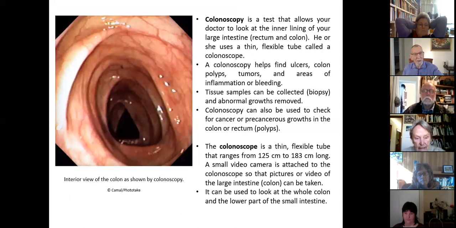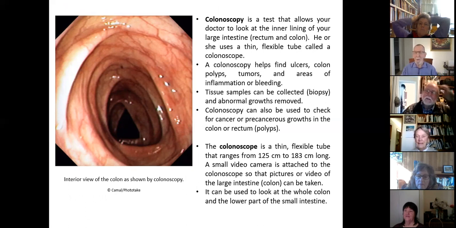Last but not least, if you've ever had the urge to look up somebody's bum, which I haven't, but anyway, if you ever decide to look up your own bum, here's a chance to do so. The colonoscopy. Now you might be thinking, wow, this looks so clean. Well, yes, and the reason for this is because prior to the colonoscopy, you're given some gunge to swallow, which is basically like Drano for your digestive system.